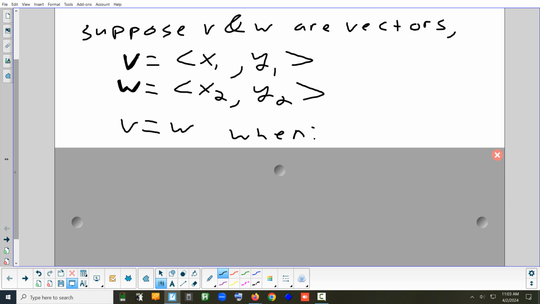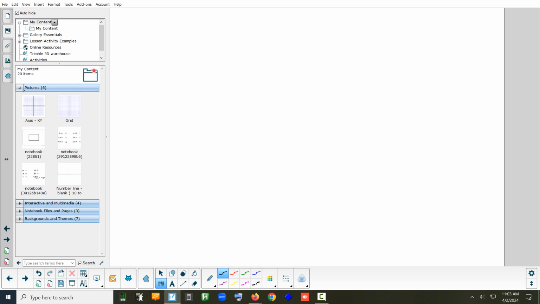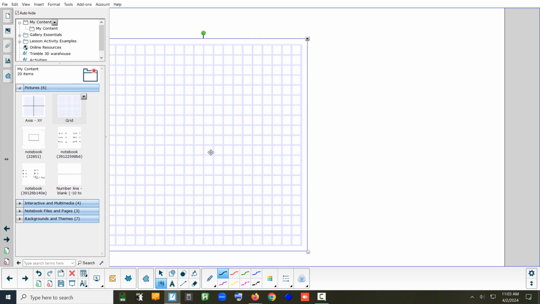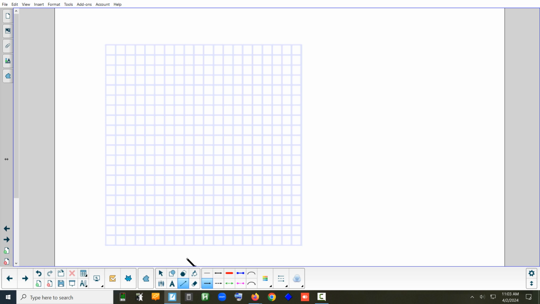So, what does it mean for two vectors to be equal to each other? Well, let's look at this. Let's say that I drew something that starts here, stops here.